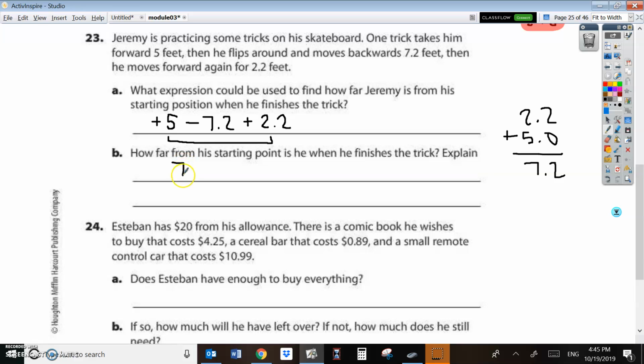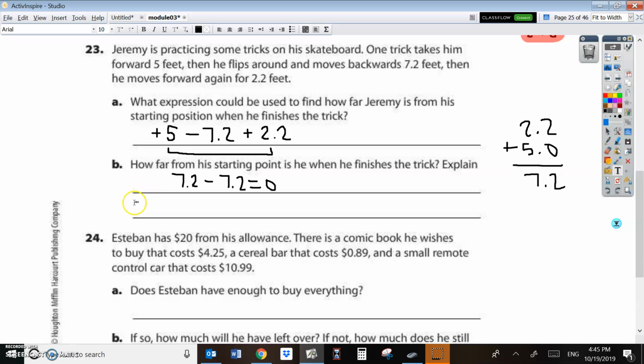So we've got 7.2 positive minus 7.2 equals 0, so he's back on his starting position. Okay?